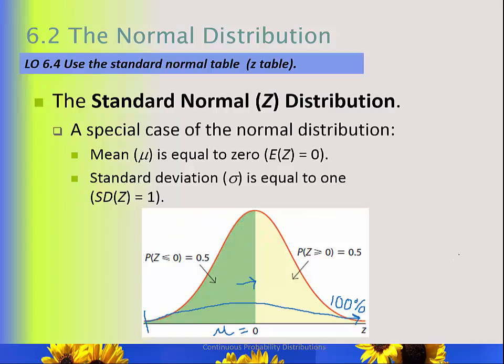Knowing that this entire distribution adds up to 100% and that the mean is always 0 helps us to transform data that often has different scales, and we'll get to that later, into something where we are able to compare this group to that group.